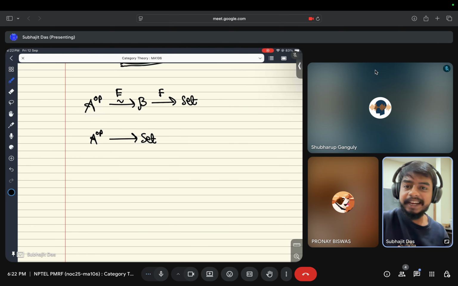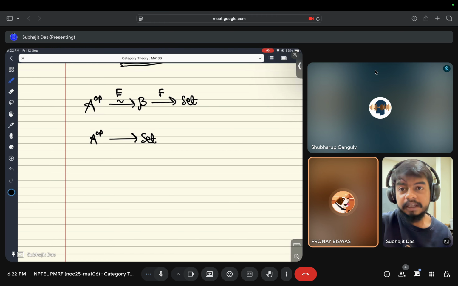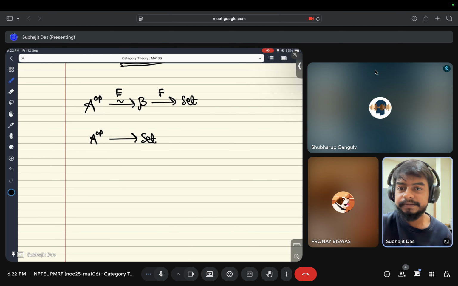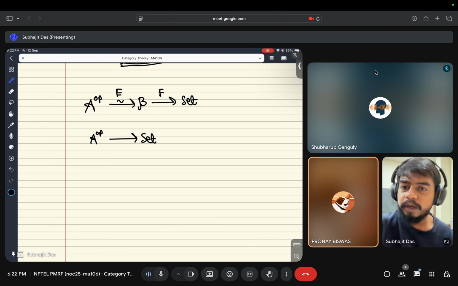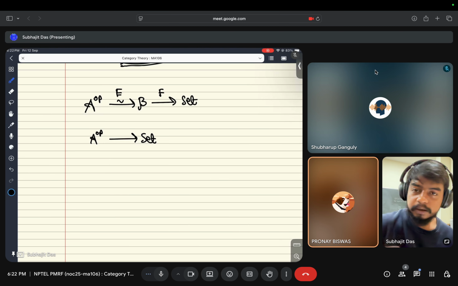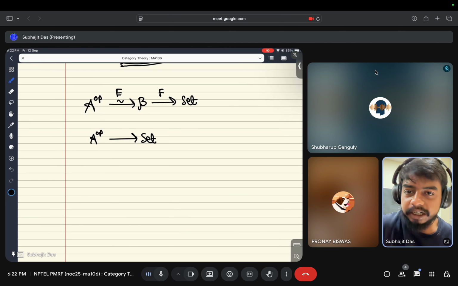Now F reflects isomorphisms because F is monadic, and E is an equivalence of categories. It must definitely reflect isomorphisms. So FE should also reflect isomorphisms.